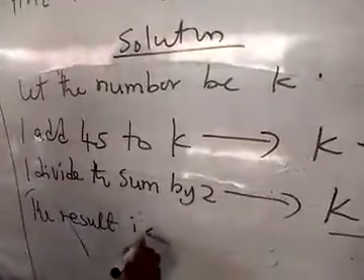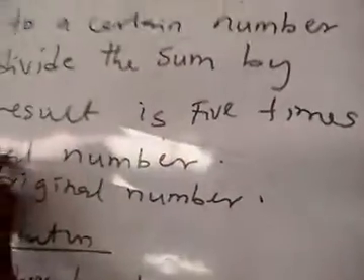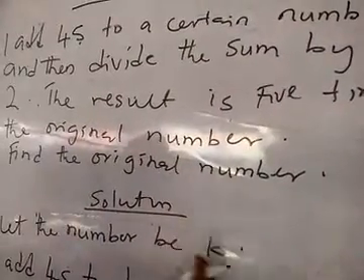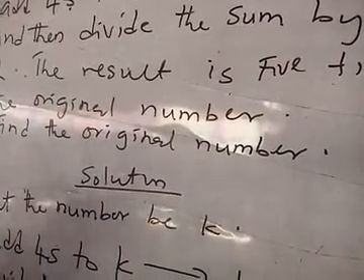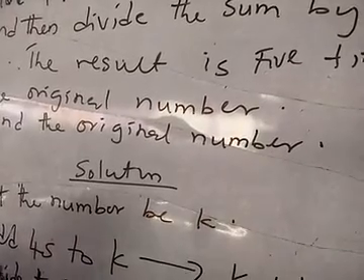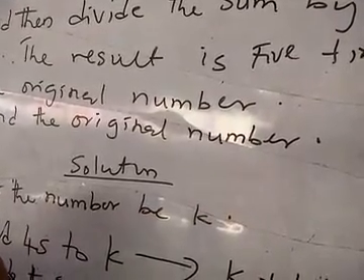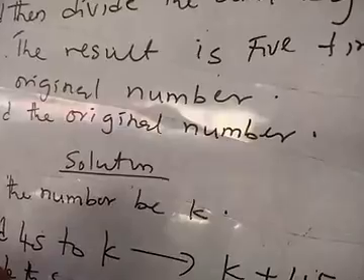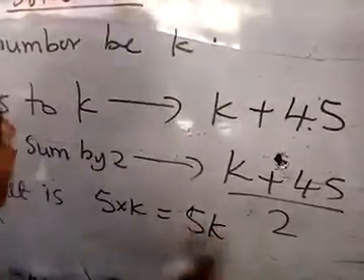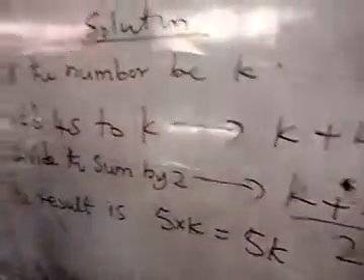The result is 5 times the original number. You know the original number is K. That is 5 times K. Now we form an equation with this algebraic sentence.